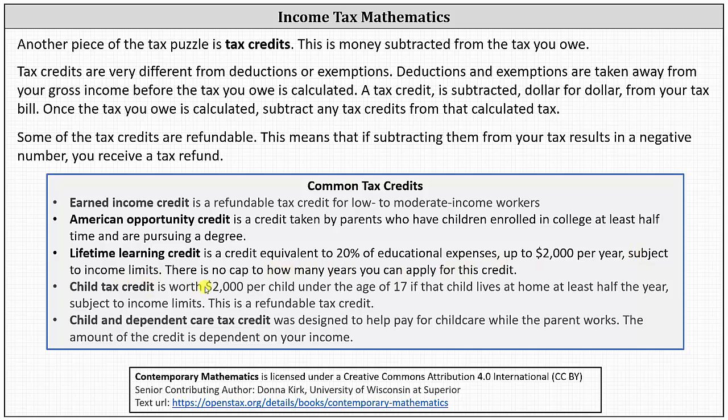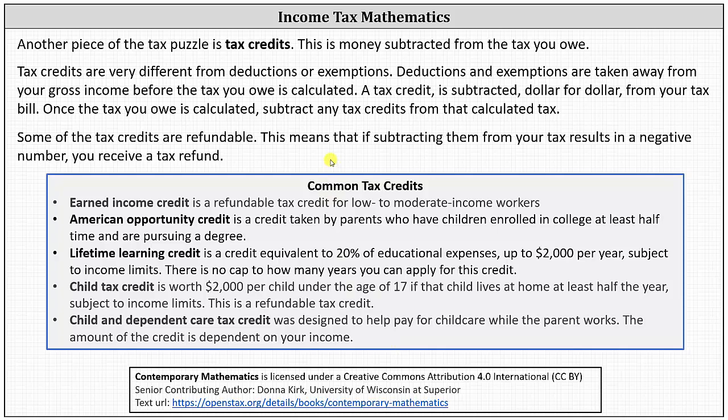The child tax credit is worth $2,000 per child under the age of 17 if that child lives at home at least half the year, subject to income limits. This is a refundable tax credit. And finally, the Child and Dependent Care tax credit was designed to help pay for child care when the parents work. The amount of the credit is dependent on your income.